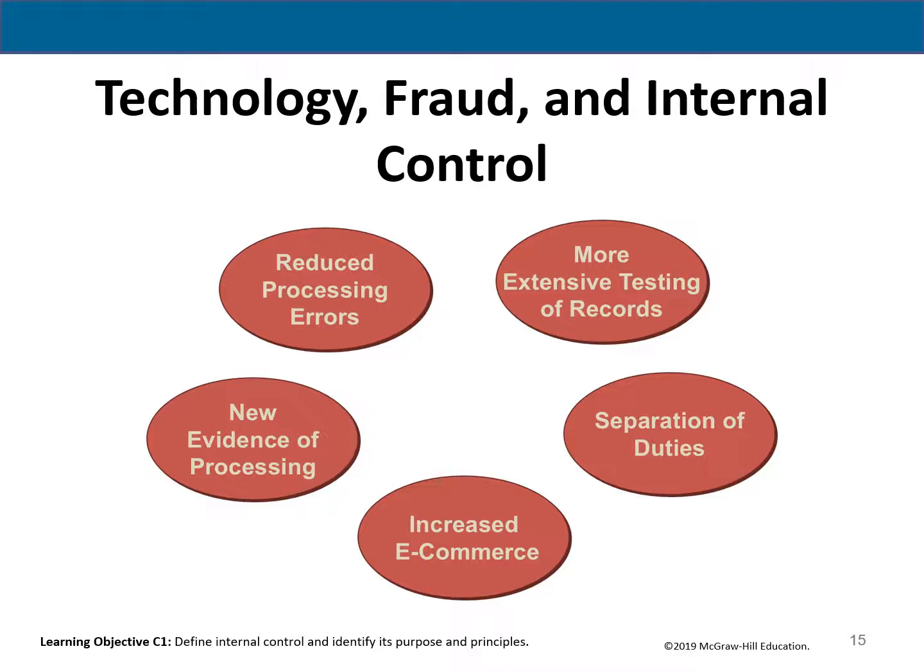When we have good technological internal controls, that will lead to increased e-commerce, and there's a need for it because of that. We definitely need the separation of duties, and extensive testing of records if they're available. Internal controls will reduce processing errors. I'm not sure what they mean by new evidence of processing, but I'll take a look at that. If you guys have any questions, let me know.